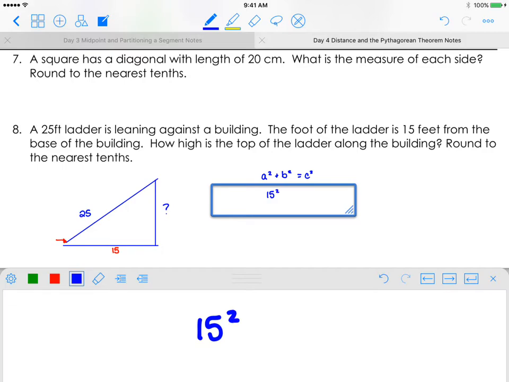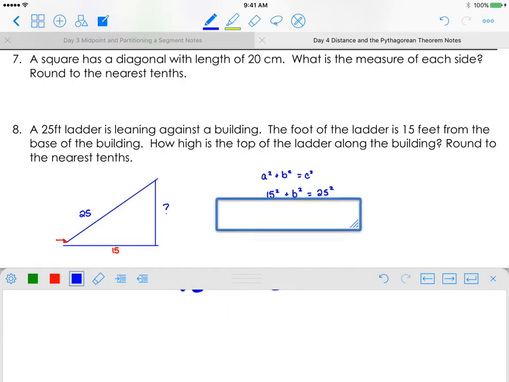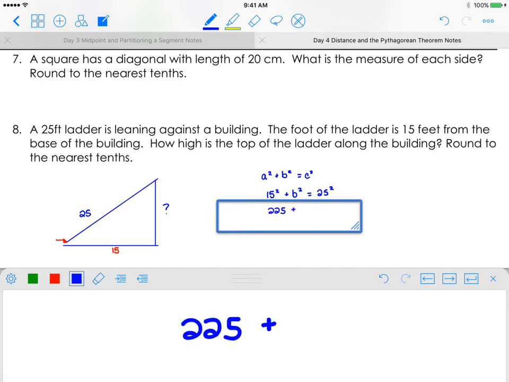So 15 squared plus b squared equals 25 squared. 15 squared is 225 plus b squared equals, I'm going to think that one's 625, but let's bust out the old calculator to make sure. 25 times 25 is 625. Not 52. Little moment there.